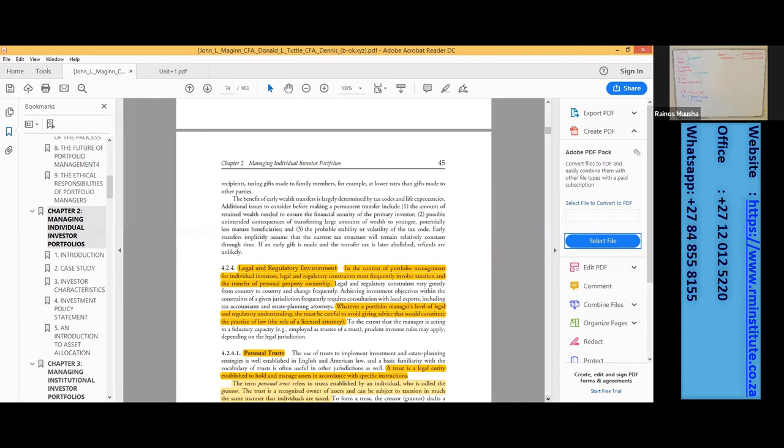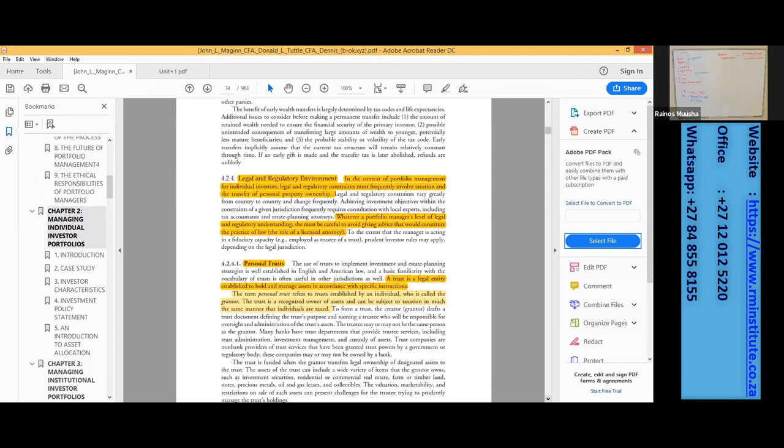Then, if you skip the next two sentences, they say whatever a portfolio manager's level of legal and regulatory understanding, she must be careful to avoid giving advice that would constitute the practice of law. So in this case, avoid giving legal advice that you are not certified to give.